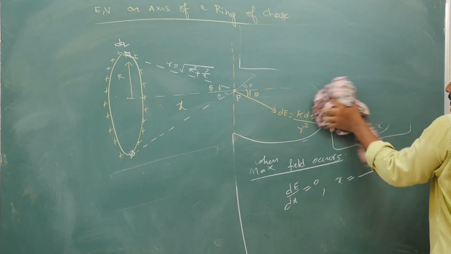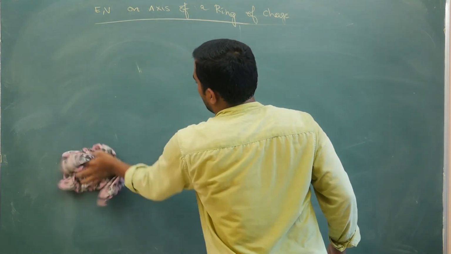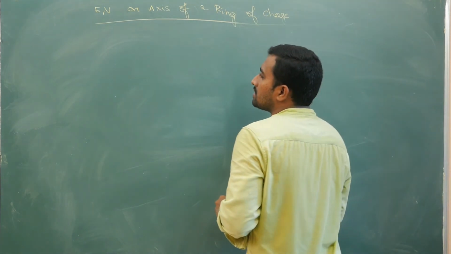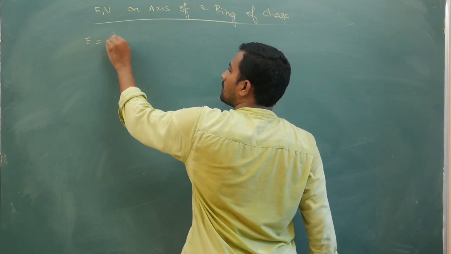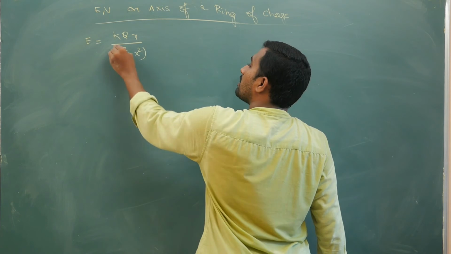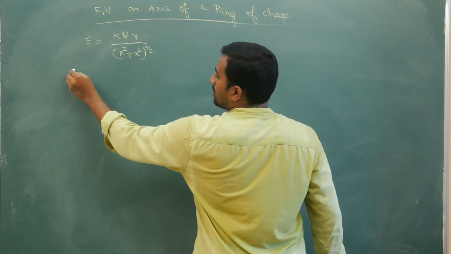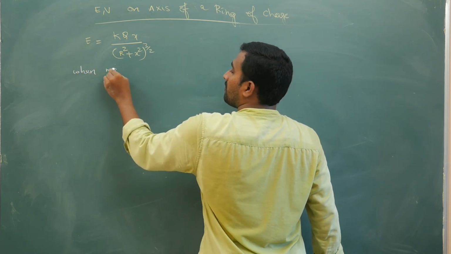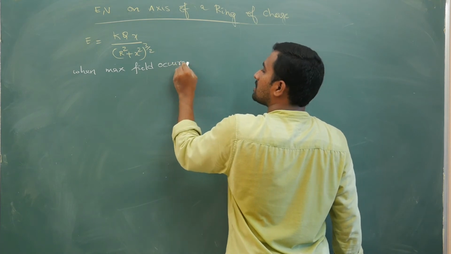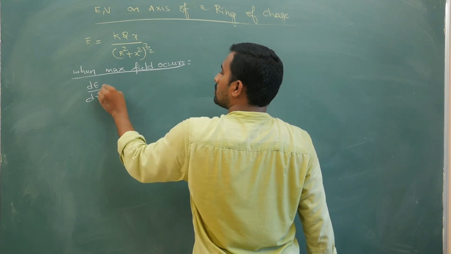So now we have calculated the field. We have got an expression of electric field E is equal to K into Q into X by R square plus X square whole power 3 by 2. Now when maximum field occurs, d by dx is equal to 0.